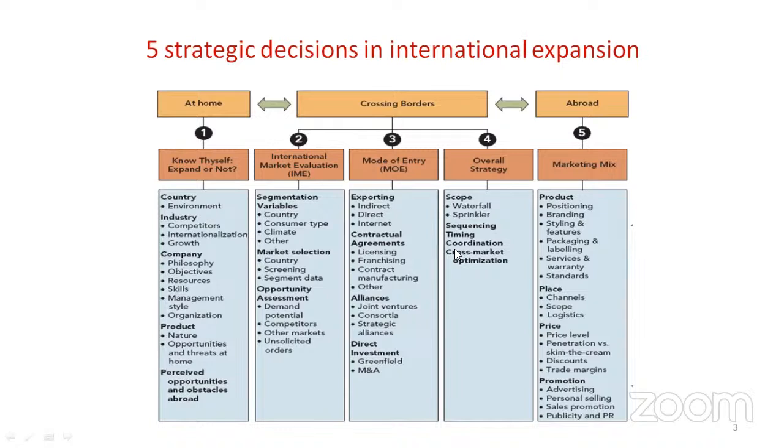Or contract manufacturing, or any other mode which is feasible, by that way they enter into the foreign market. The other one is alliances. Alliances means joint ventures. You can take Honda, Suzuki, or Maruti Suzuki. Hero Honda, of course, earlier it was there. Now they separated.